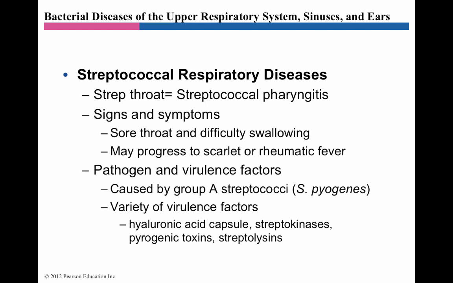So what happens is the strep throat bacteria leave the site of the throat, and they can travel to and infect the valves of the heart and or the kidneys. The exact mechanism isn't really known, but this can really cause damage.